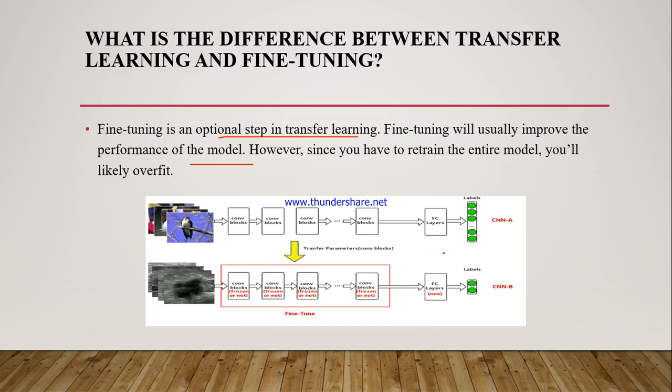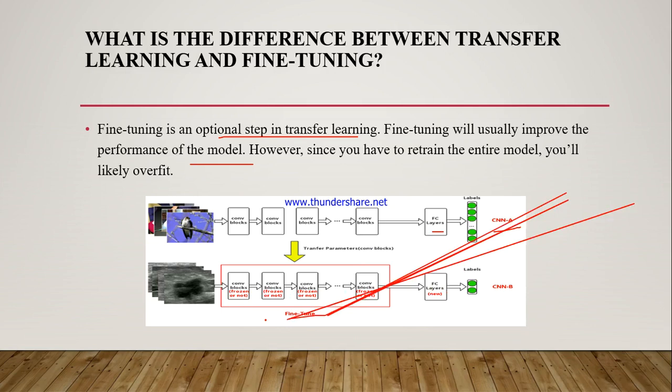Already the model is there, and we are applying a CNN, where a convolution block is followed by a fully connected layer. I already explained CNN in the previous session. The fully connected layer is the layer responsible for predictions, what our model finally predicts. If you go for fine tuning, this is the transfer parameter where we can fine tune.